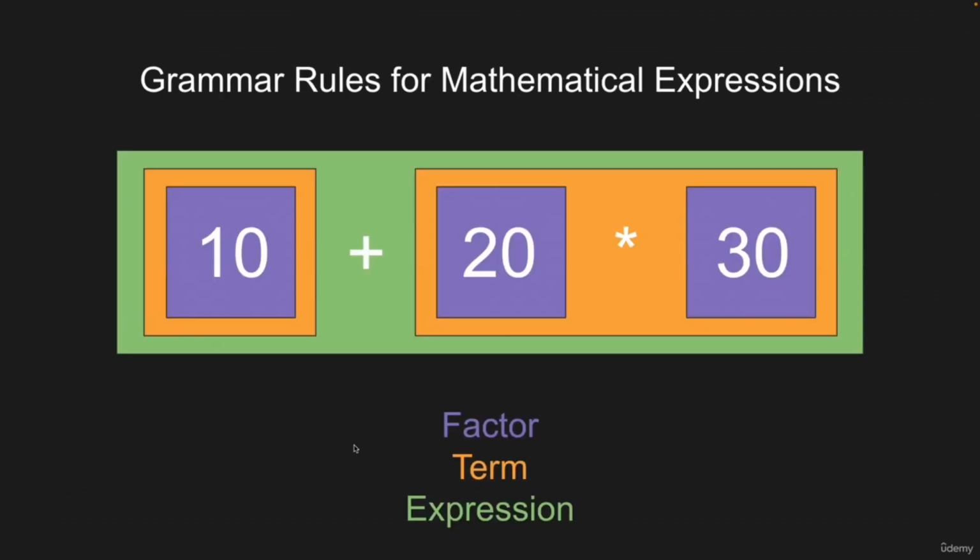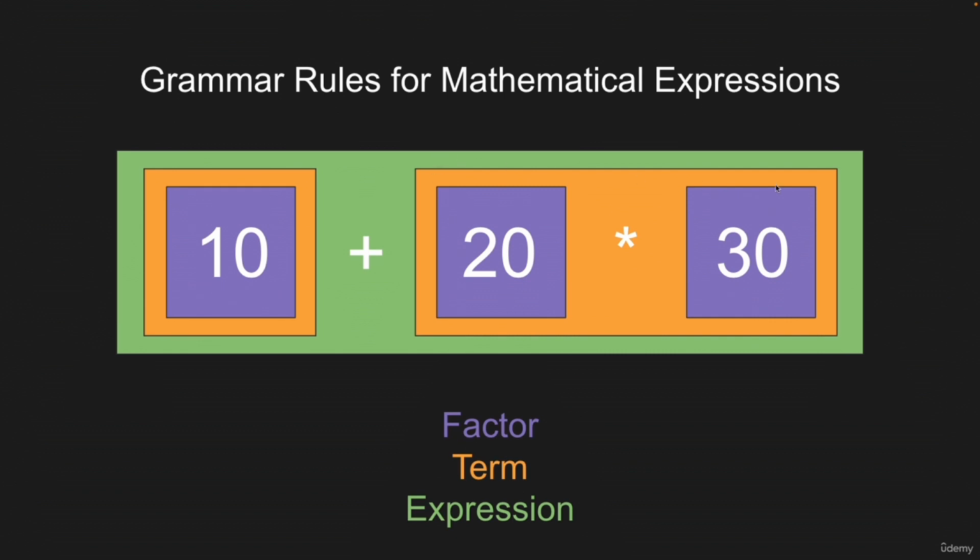Pretty much, if you didn't understand the EBNF grammar, this is an easier representation of it. So we have a factor, which is the 10, 20, 30. That's a factor, right? And the term could be 10, right? Or it can be 20 times 30. That's the term right there. So you see how the colors represent it, like the term in orange right here: 20 times 30. And then the expression is the whole thing, so 10 plus 20 times 30.